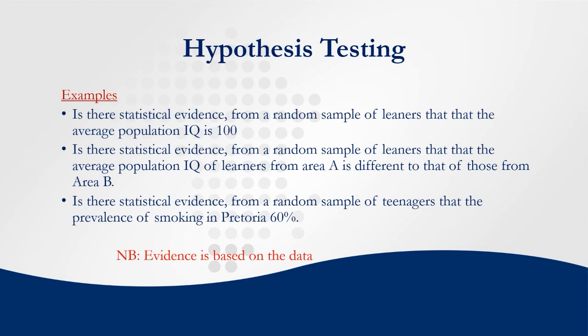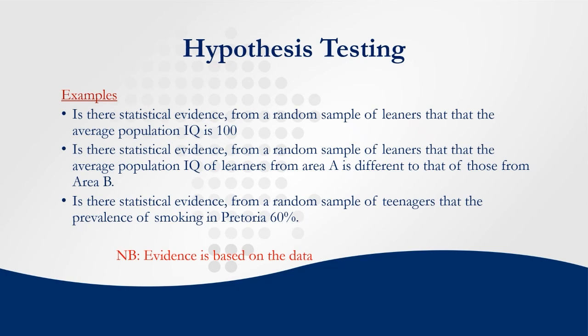For example, you will maybe say from a random sample of learners, you are claiming, so when you are testing it, you will test it from a random sample, but you are actually claiming that the population IQ is 100. Maybe you are an educator, and it's what you are observing.